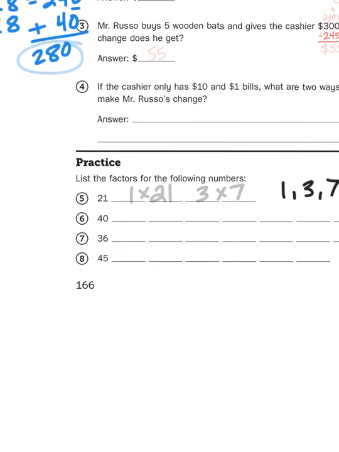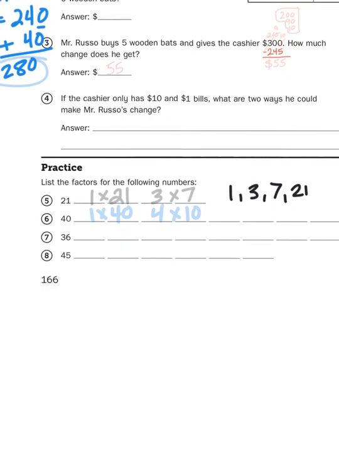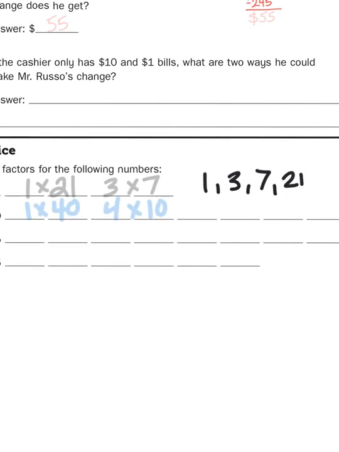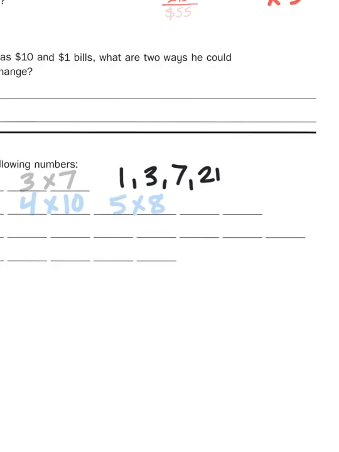So we know that 40 is a product of 1 times itself. It also ends in a 0, so we know that we could multiply 4 times 10. 40 ends in 0, so that means it's also divisible by 5, or 5 is a factor. 5 times 8.